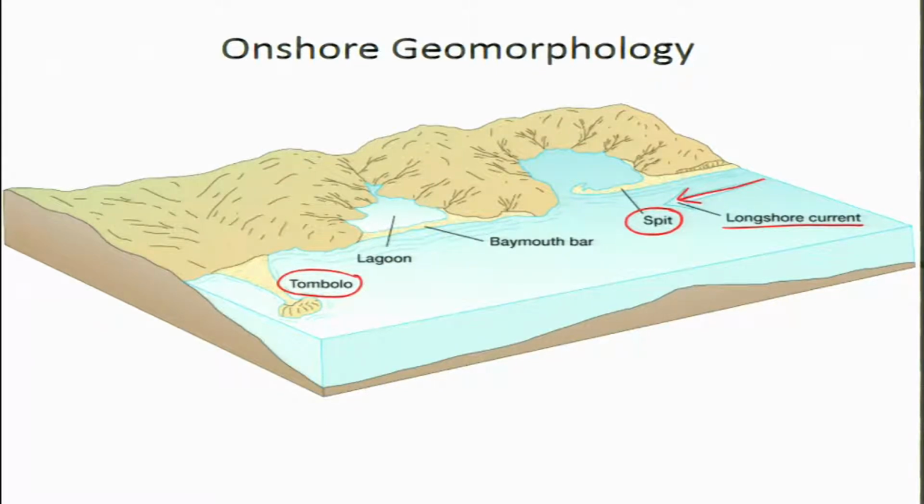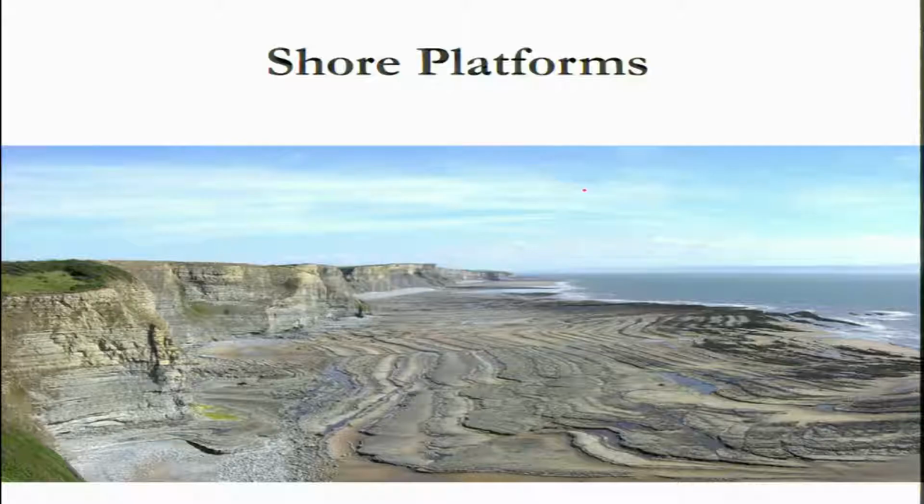Okay. Because if your currents are coming and directly hitting like that, then it will not allow you to form this type of feature. That is what we call a spit. Okay. So this is highly dependent on the coastal configuration as well as the direction of your longshore currents. Okay. How they are flowing. So spit, just keep in mind this one, we'll see some examples of that.